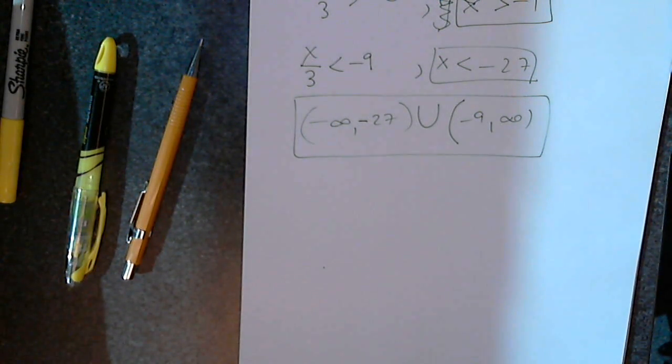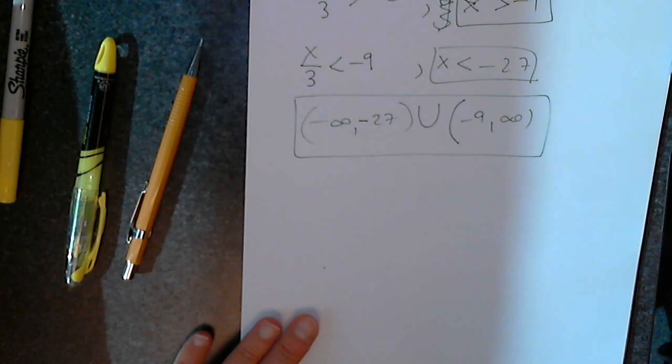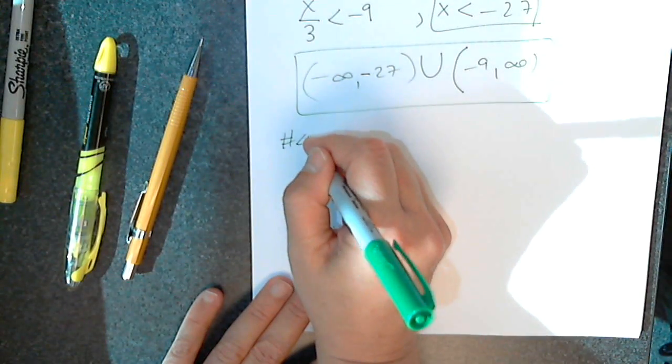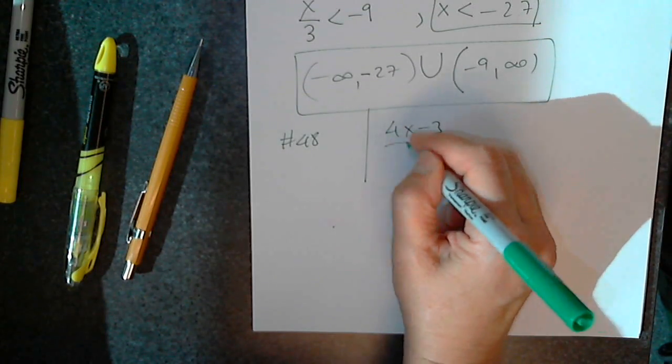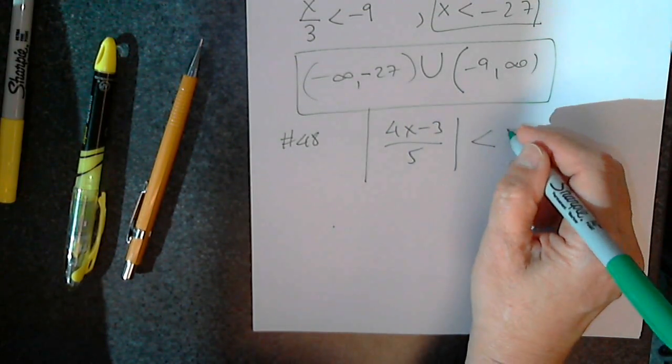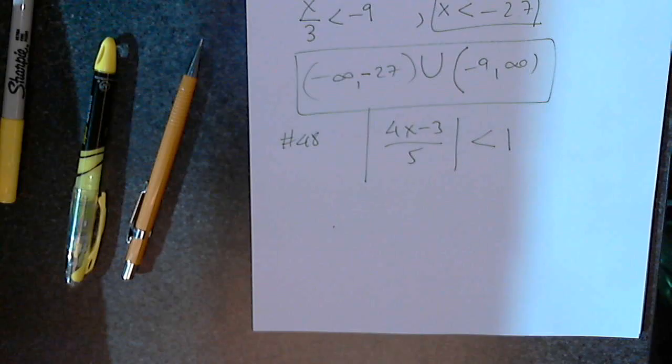Okay, the next one I would like to work on is 48. Here is 48. The absolute value of 4x minus 3 divided by 5 less than 1. 1 minute.